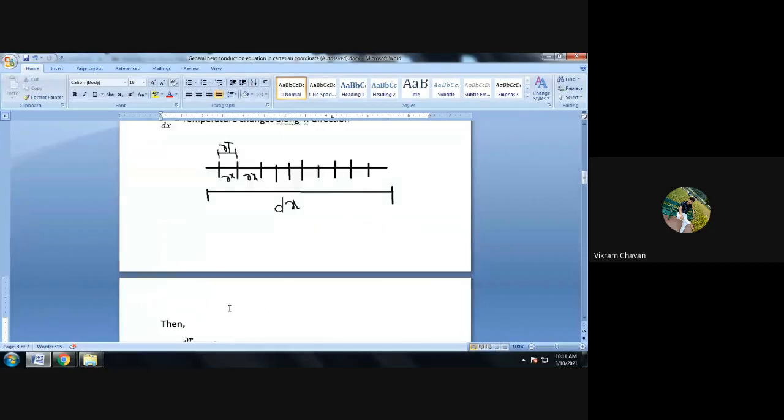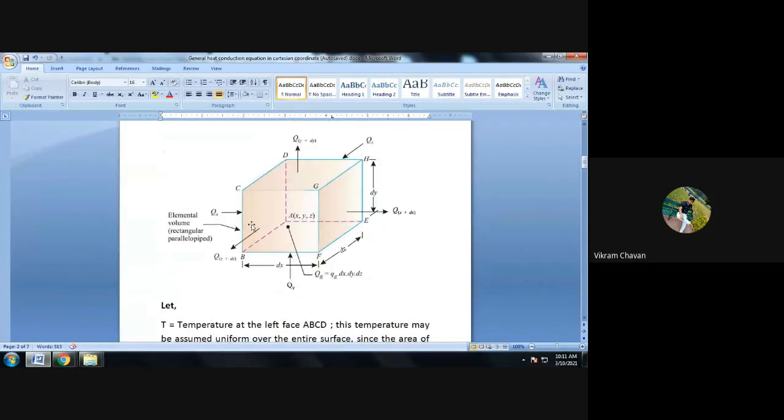Now here let us consider this tube. In this positive x direction, heat is entering the element. In the positive y direction, heat is entering the element. In the positive z direction, heat is entering the element. And in the opposite direction, heat is leaving that element. In the y direction also, heat is leaving that element.